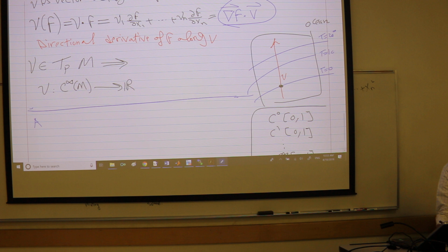A derivation D on M at p is a map, actually a linear map, that takes functions on M and gives you a real number.